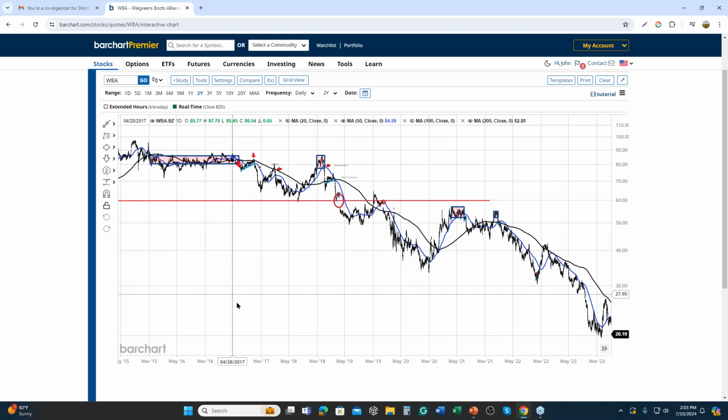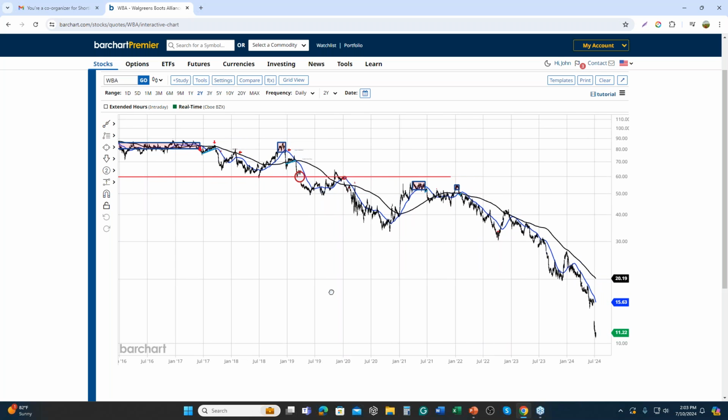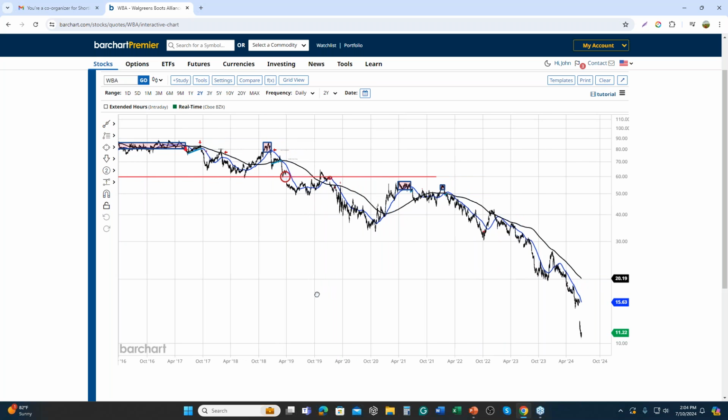And notice that in Walgreens, this is really an anatomy of a death spiral. It's taken 7 years, but Walgreens went from an $80 stock to today an $11 stock. Again, time in a trade. Sometimes it takes a while for some of these trades to set up.